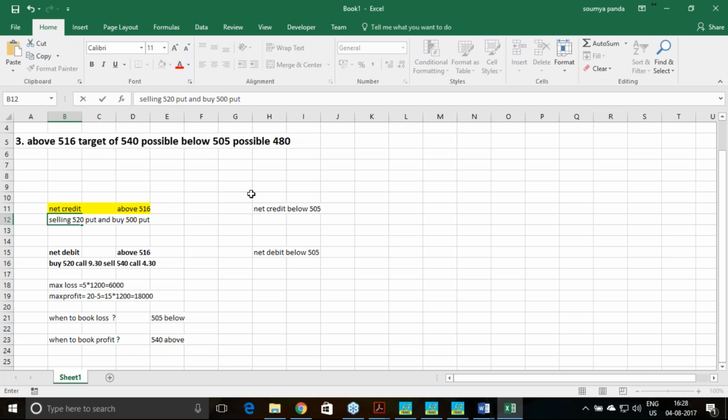Someone has told me to sell 520 put and buy 540 call. One of our participants has told me this thing: sell 520 put, buy 540 call.